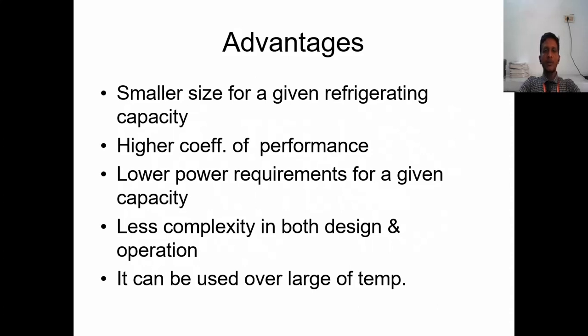When you get a high coefficient of performance, the required input energy is reduced. There is less complexity in both the design of the equipment, in all four components, and in operation. It can also be used over a large temperature range. Thank you.